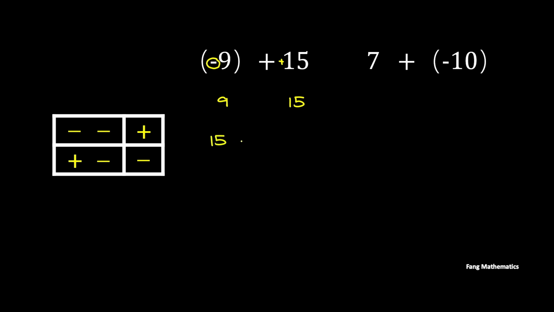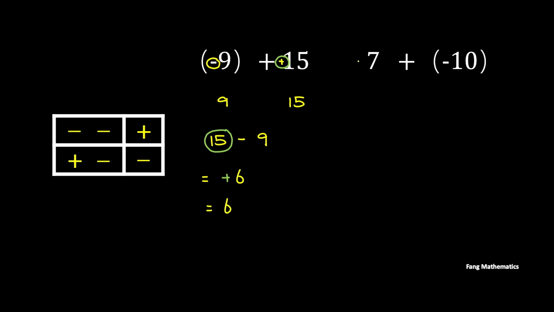So 15 minus 9 should get you 6. Then we are to look at the bigger number. So it's 15. And we are to look at the sign that is attached to 15. It's a plus sign, so we attach a plus sign to your final answer. So simply ignoring the sign gives you 6.